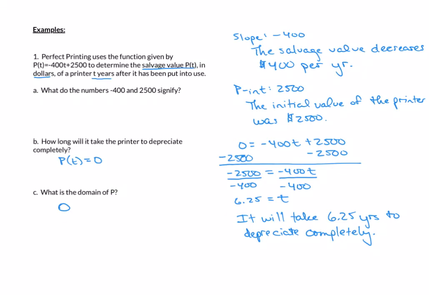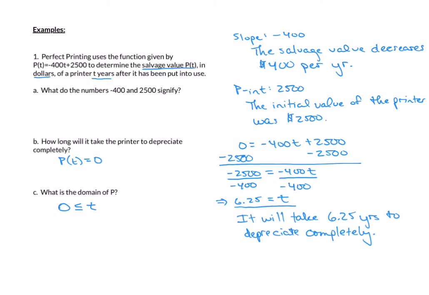So we're going to start at 0. Remember to use the variable that you are given. We are working with t. Now the other thing we have is, can the value of your printer be negative? The answer is no there as well. Once it gets down to 0, it's just worth $0. So that's one of the reasons that we found this value over here. When does it depreciate completely?